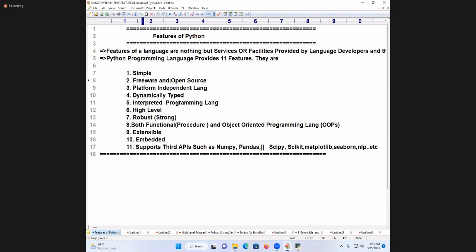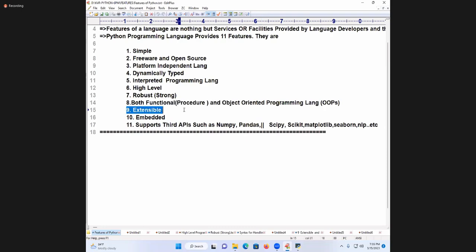Simple, freeware and open source, platform independent language, dynamically typed, interpreted programming language, high-level programming language, robust, both procedural and functional oriented, extensible, embedded, third-party support APIs.